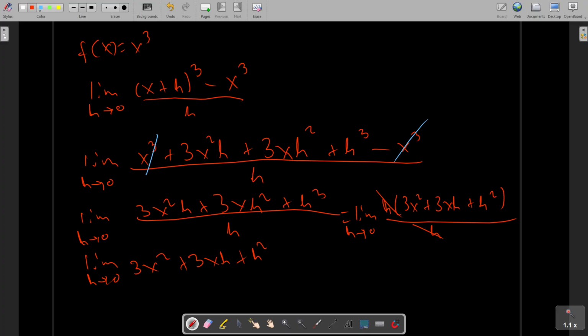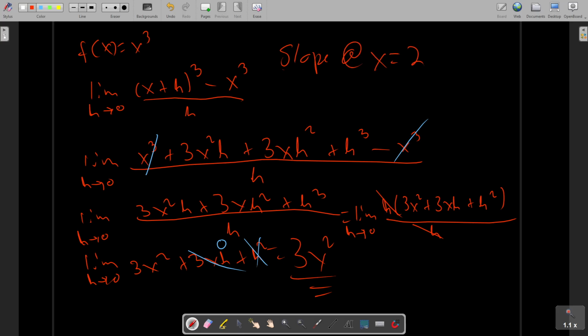Now when h goes to 0, these will go out because this will be multiplying by 0, and then this will be gone. So we're left with 3x squared. So say you were taking the slope at the point where x equals 2, then you would have 3 times 2 squared, which is just 3 times 4, which is 12.